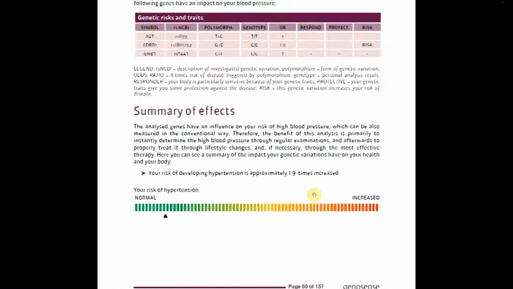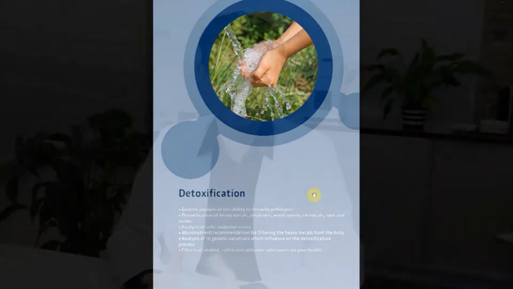So again, we check your genes and we find out what ingredients are going to be good or bad. Now, detoxification is an interesting concept. Basically, there are a number of different toxins, toxic chemicals and stuff in our environment that can get into our body. And nature knows about this. So we have a number of systems, a number of genes that can recognize these toxins, neutralize them and remove them from the body.